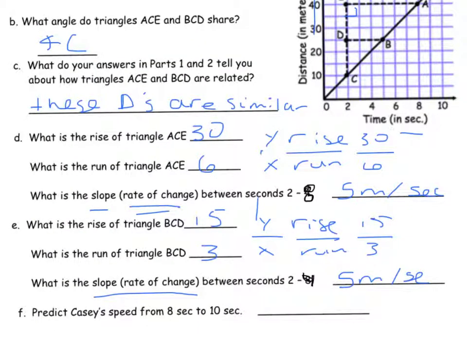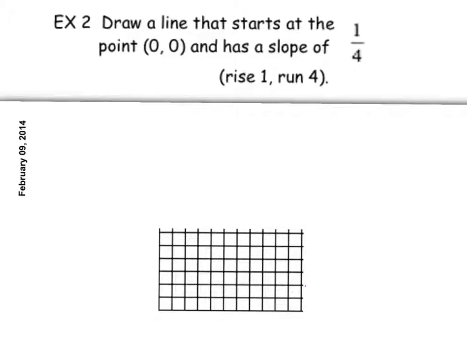And we know that for proportional relationships, or relationships that are changing at a constant rate, the rate of change is constant like this one. So to predict Casey's speed from 8 to 10 seconds, no biggie, we're just going to use the same rate of change, 5 meters per second. It won't change, it's going to be the same.